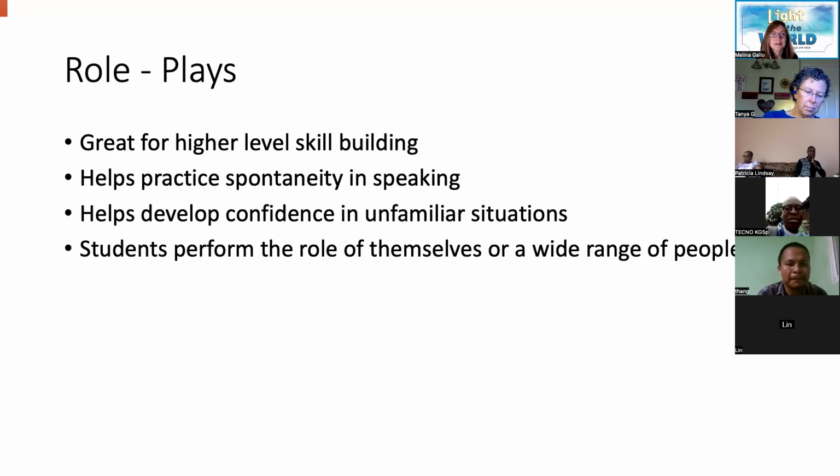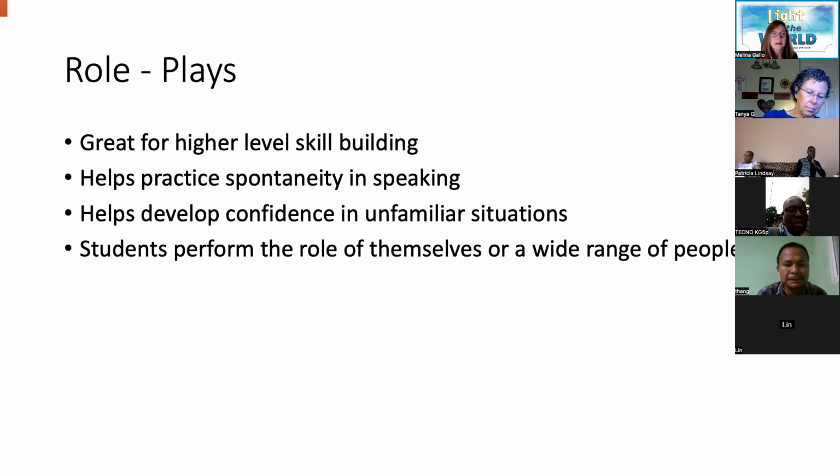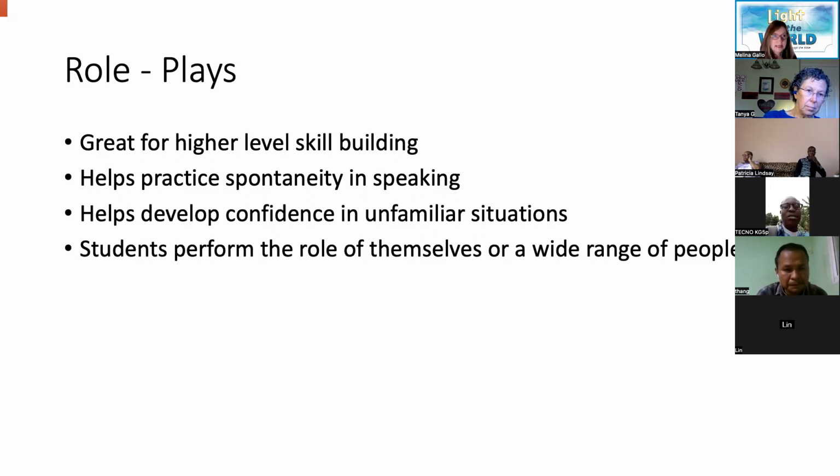It helps them to build confidence in unfamiliar situations. And students can either perform the role of themselves and give true answers about themselves, or you can have them play the part of a different person. So those are some of the options we have in role plays.